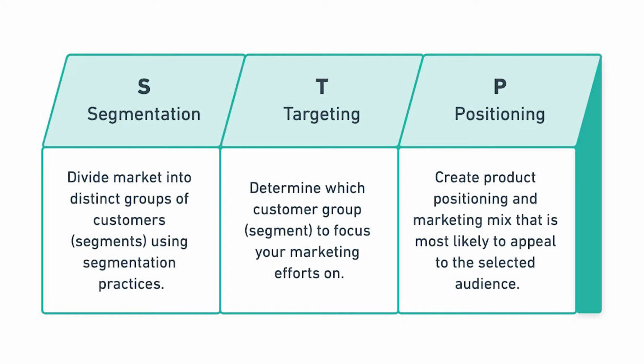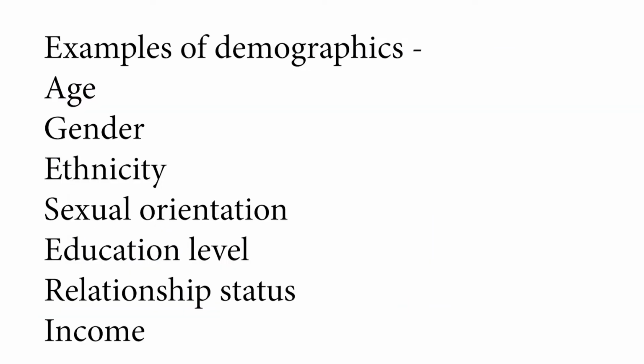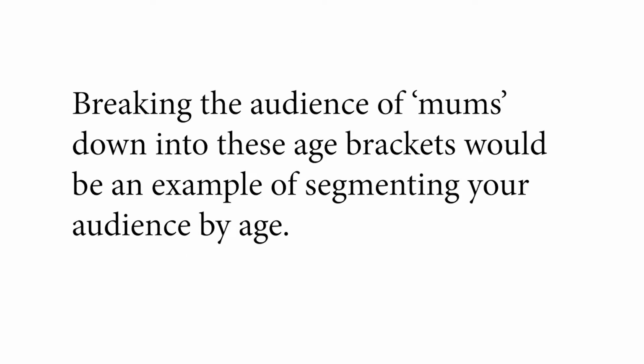You can do this using something called demographics. So that could be age, location, job type, anything like that, and you can use that to break down your audience into smaller segments. So for example, I could take my audience of mums, that could be my overall audience, and I could segment that audience down into mums aged 16 to 26, mums aged 27 to 46, and mums aged 47 to 66.